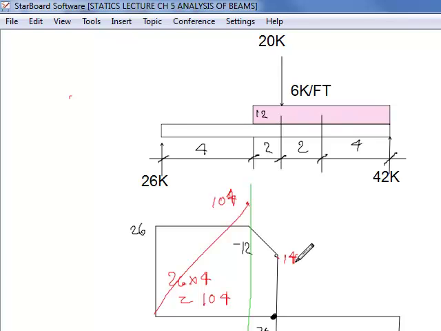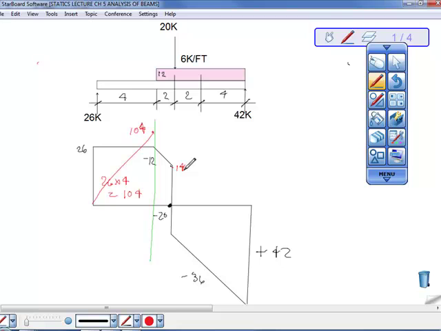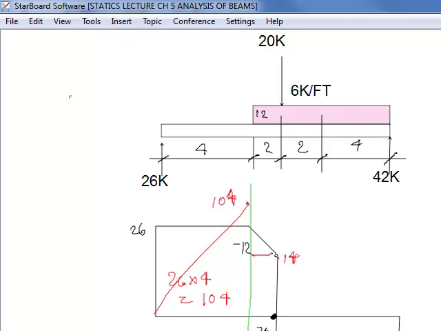Wait, I've got to figure this out. Wouldn't our height be 12 and our base be 2? But we also have to figure out this whole area, and that would be that area and that area, right?